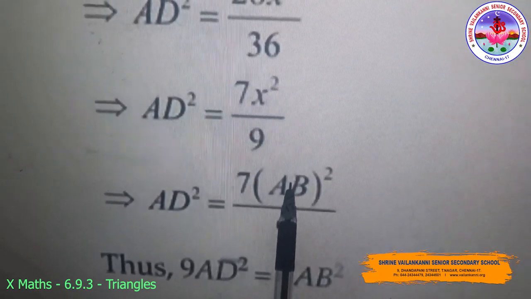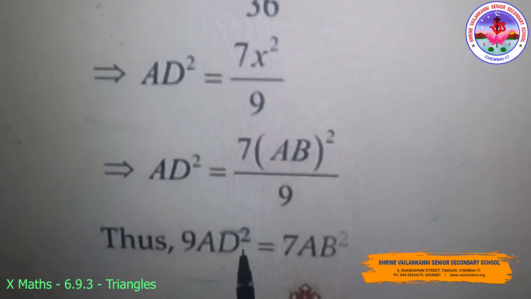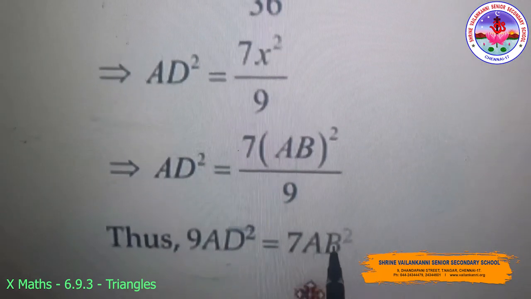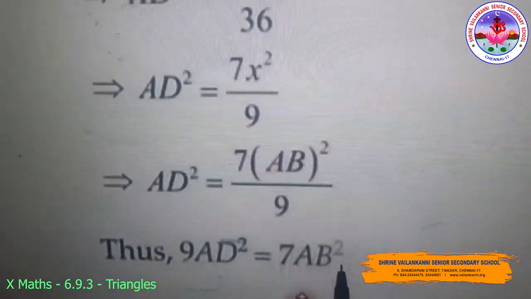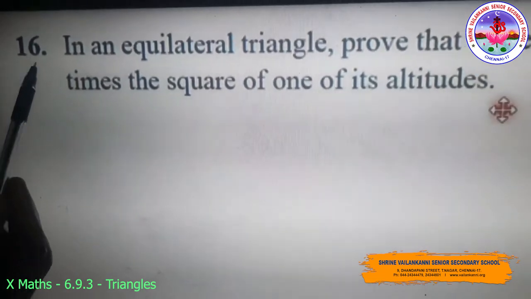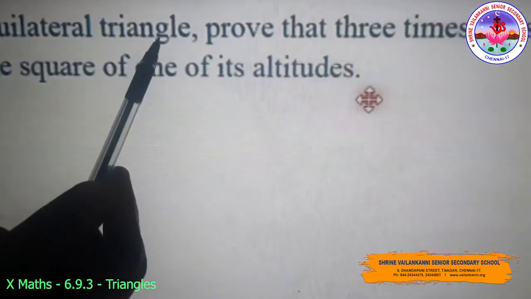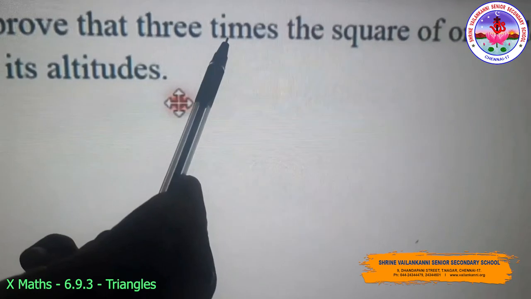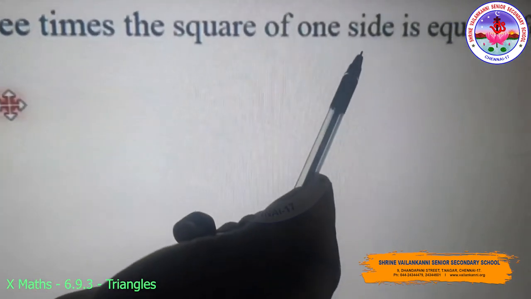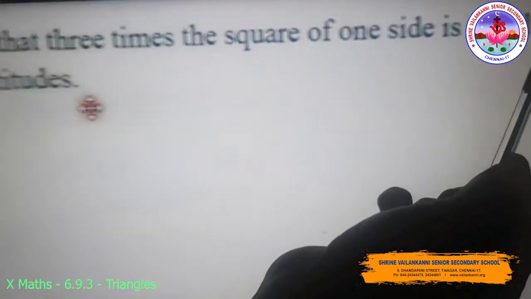I am taking it as AB. So I will get 9 AD squared is equal to 7 AB squared. Hence proved.